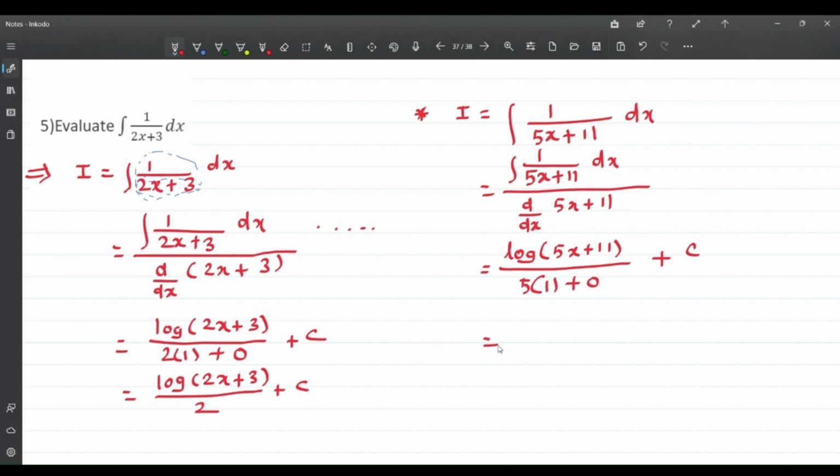So our final answer will be log 5x plus 11 divided by 5 plus c. Here is also log of 5x plus 11 divided by coefficient of x. So this example will be asked in MSBT exam for 2 marks.